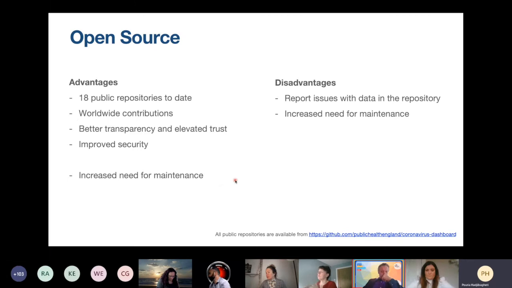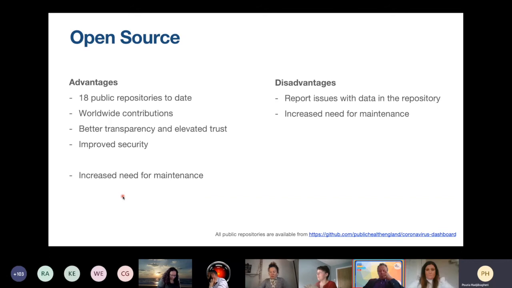It does increase the need for maintenance, and that is also a double-edged sword, because it takes more work to maintain them and make them presentable when they're in the public domain.